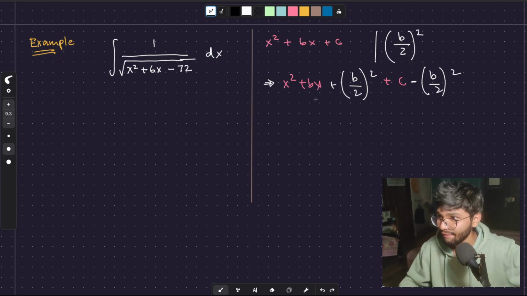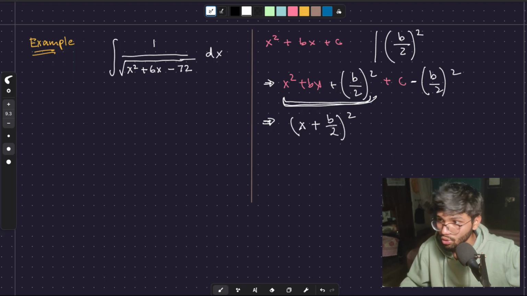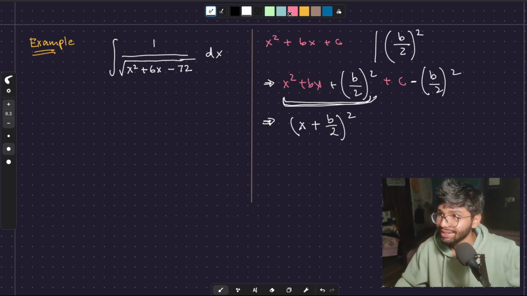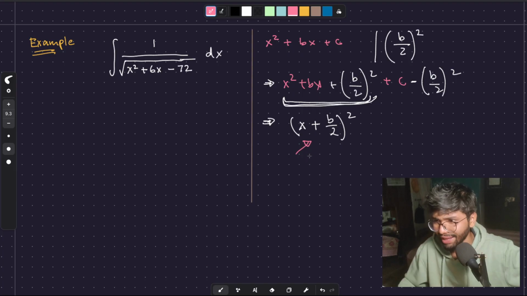How? Because if you reverse engineer this part, this will be x plus b over 2 squared. Again, you just expand this and find it out yourself, man. Just expand this and you'll find that this works.